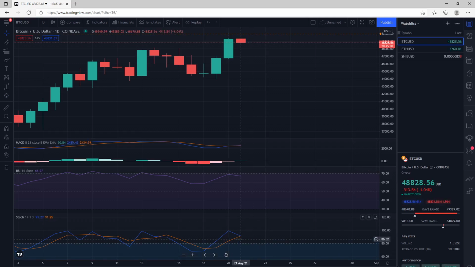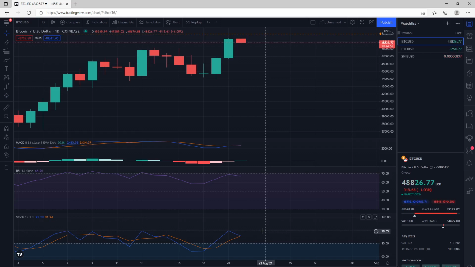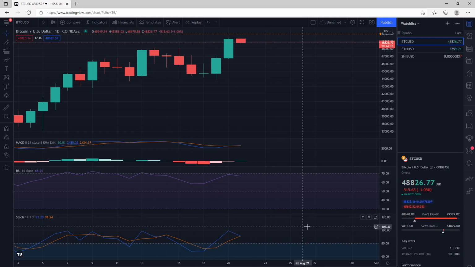Now, like we talked about before, the stochastic is a moving average oscillator that looks at the previous highs and the previous lows over an extended period. So it's giving you a very accurate look, more so than a normal moving average. And it's going to give you incredible buy and incredible sell indicators.